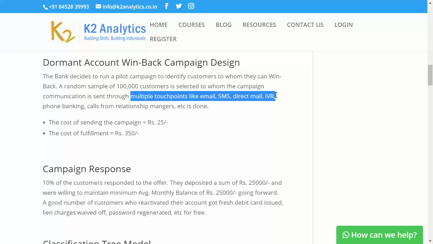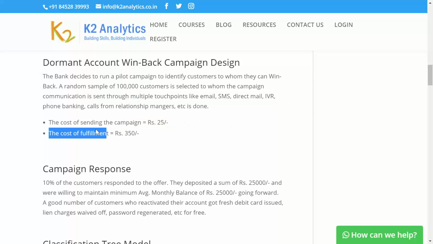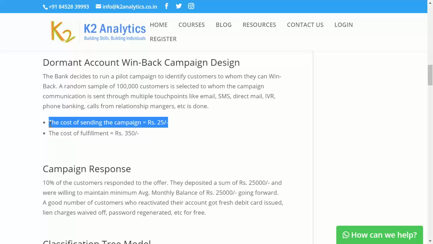Now, this entire campaign, when you're sending out communication, entails cost. The information given is the cost of sending the campaign.